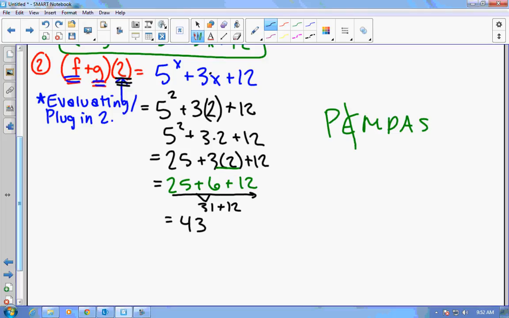25 plus 6 is 31 plus 12 gives us 43. And I'm going to rewrite, for good habit, f plus g of 2. Notice this is not times 2, it's of 2. f plus g of 2 equals 43. So that's saying evaluating at 2. This is a function, though.